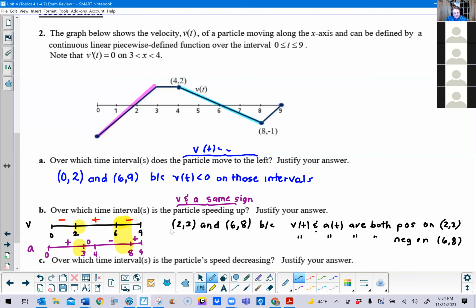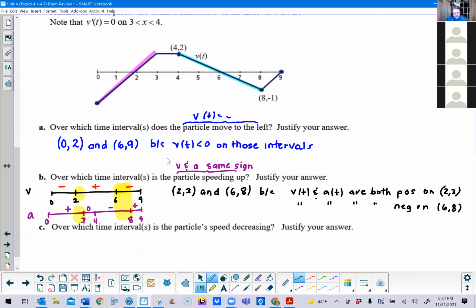Okay. And then for part C, over which time interval is the particle speed decreasing? This is a great phrase, because a lot of students, when they've read this, are like, well, Mr. Record, you never taught this. Mr. Meunier, you never said things about speed decreasing. Speed decreasing is the same thing as slowing down.